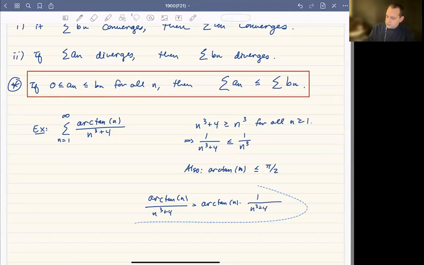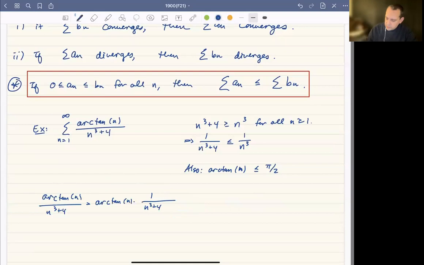Notice that the first term, arctan of n, is always less than or equal to pi over 2. And 1 over n cubed plus 4 is less than or equal to 1 over n cubed, the other inequality that we got from our work above. If we put these together, what we end up with is pi over 2 over n cubed.